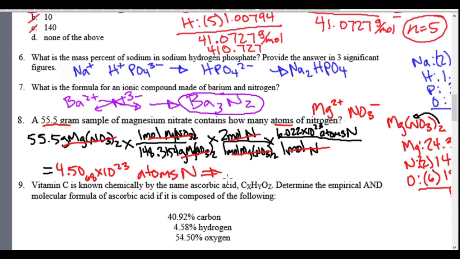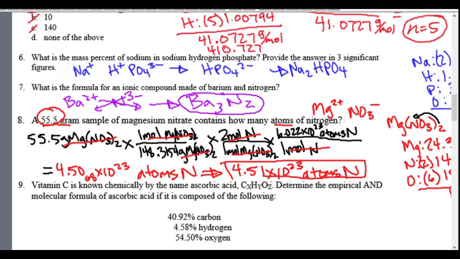So sig figs, 3 sig figs from here. That would give us 4.51 times 10 to the 23 atoms of nitrogen. That would be our final answer right there.